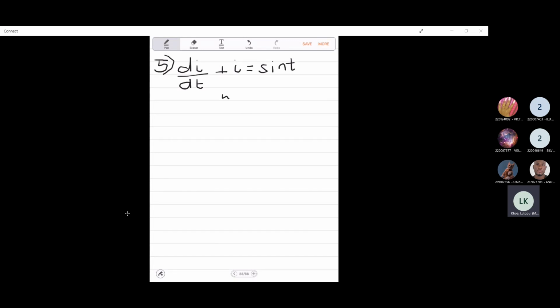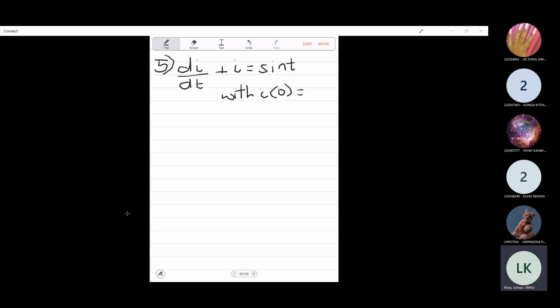We are told that I of 0 is equal to 0. So that means we will have to work out what the constant of integration is.